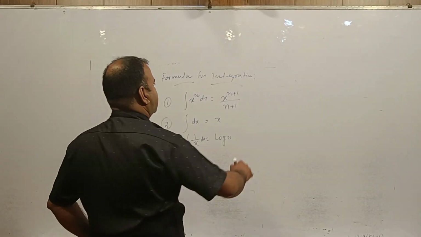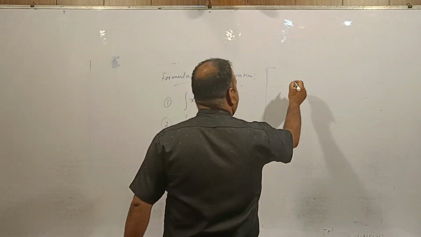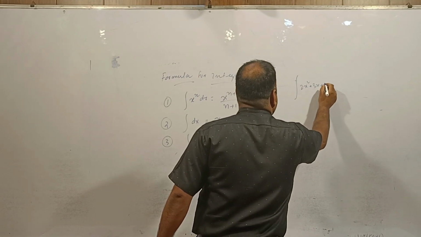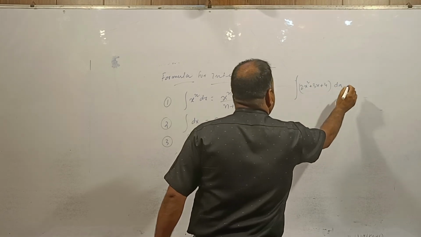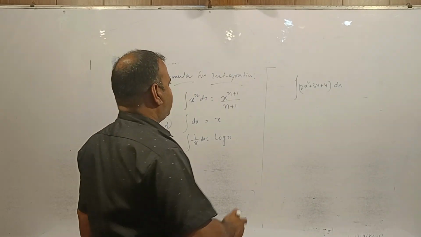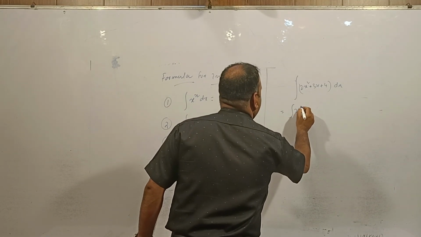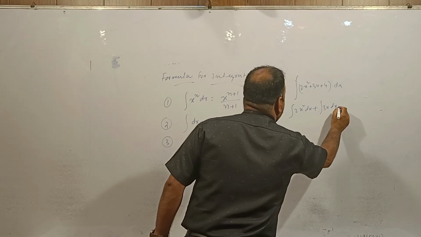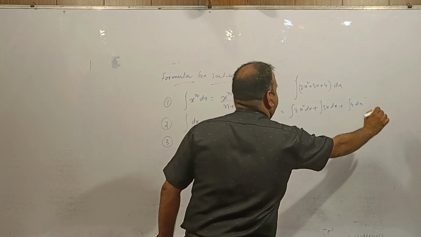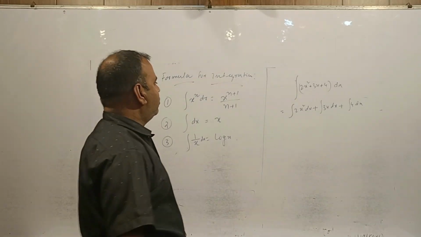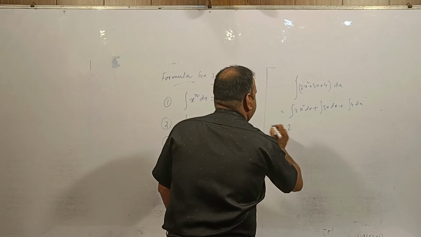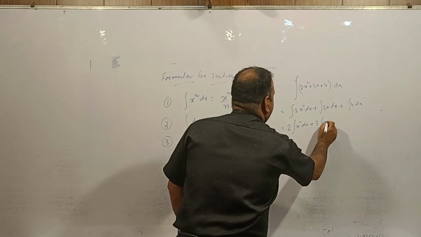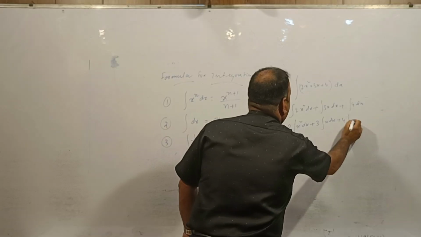Now see an example. Suppose you are given the integration of 2x square plus 3x plus 4 into dx. In this case, integration of 2x square dx plus 3x dx plus 4 dx. This 2 is a constant, so it will come out, and here it will be x square dx, plus 3 will come out like this, and here 4 dx.